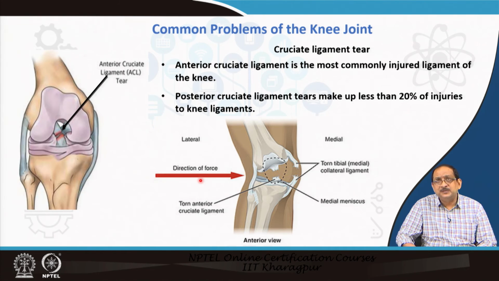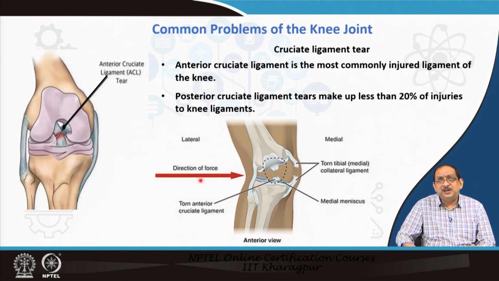The common problems of the knee joints are now discussed as the second part of the lecture. The cruciate ligament tear is a common problem in the knee joint. As discussed earlier, the knee joint is extremely vulnerable to injuries during games and sports activities.